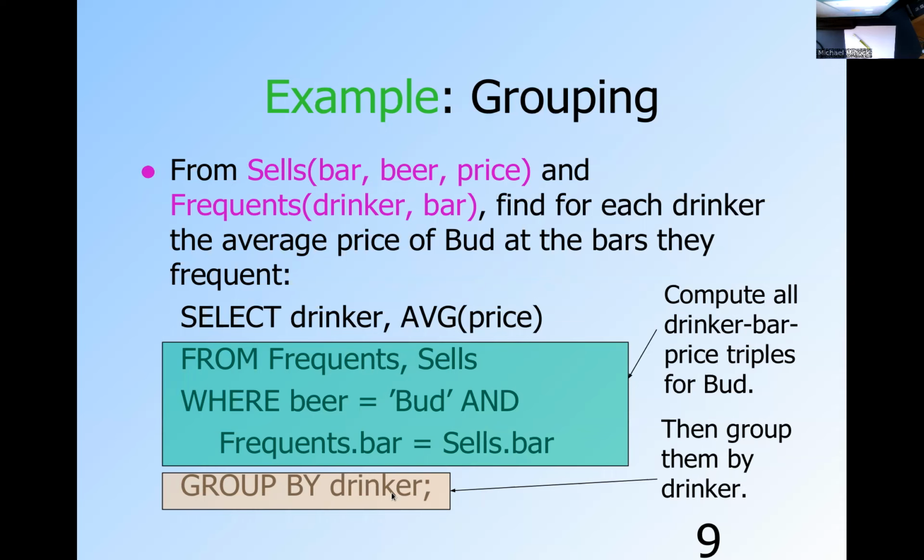Then you're grouping by the drinker and calculating the average price that they're paying for Bud. For all the places they frequent, what is the average price of Bud? That's what this query is answering.